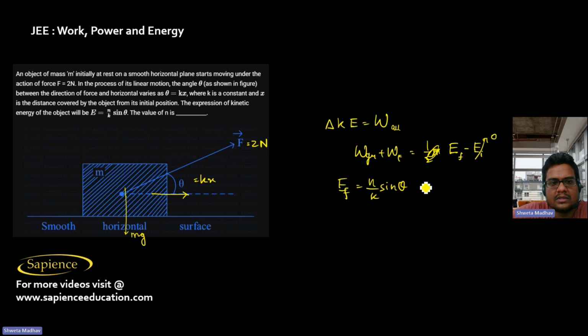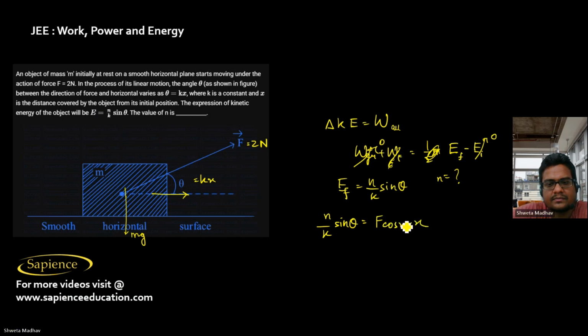So here we have to find n. n by k sine theta is equal to work done by the force F, since work done by gravity is 0. Work done by the force F will be F cos theta into x.